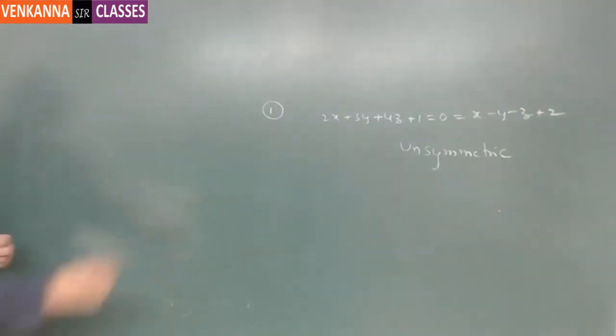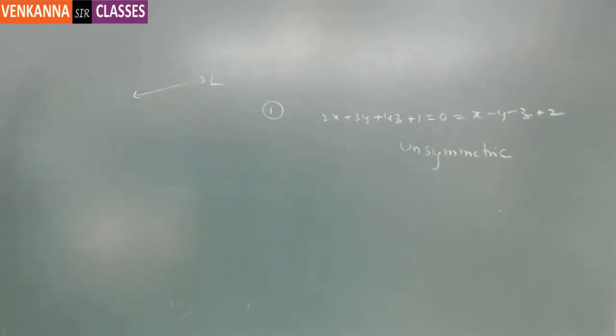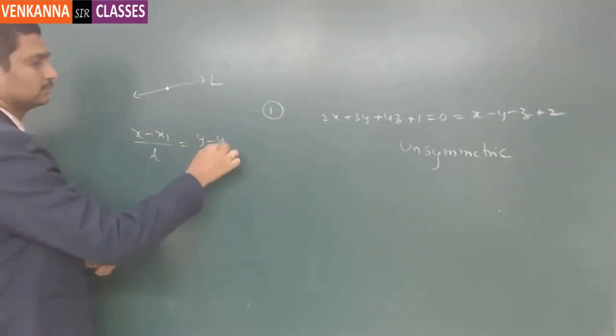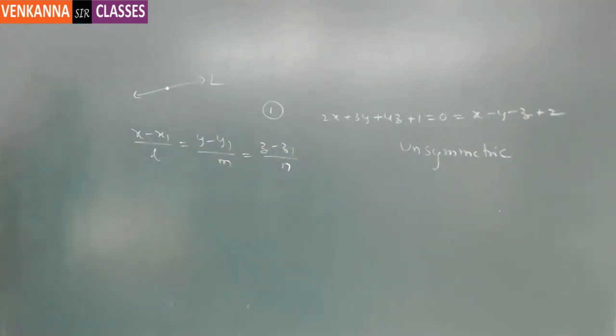The next one is, suppose if this is the line you have taken, if you know a point on the line and the direction cosines of the line, so you are going to write it as: (x minus x1) by L equals (y minus y1) by M equals (z minus z1) by N. So L, M, N are nothing but direction cosines of the line. x1, y1, z1 is any point on the line.